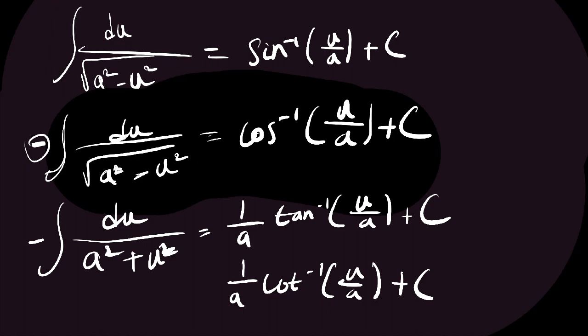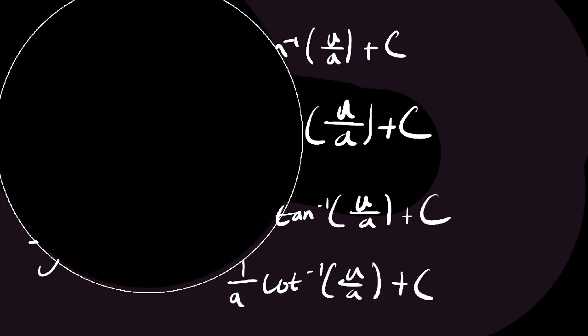Yeah, so let's clear this space up. Alright. So now we have secant and cosecant, arcsecant, arccosecant, which will be the integral of du over u times the square root of u squared minus a squared.